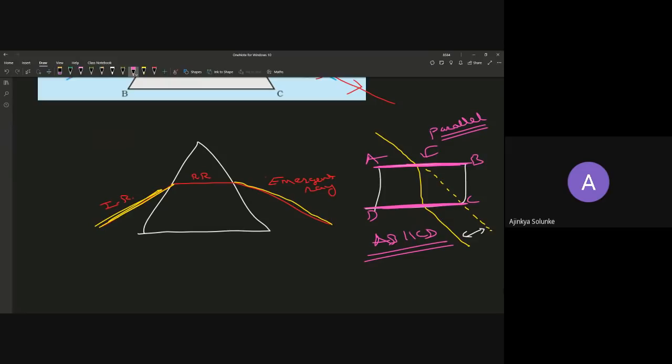Now, are these surfaces parallel? AB and AC. Is AB parallel to AC? By looking at the prism, what do you think? Are they parallel? Come on, people.